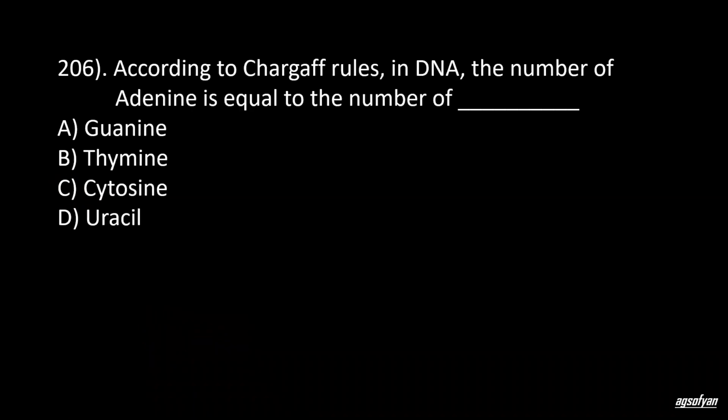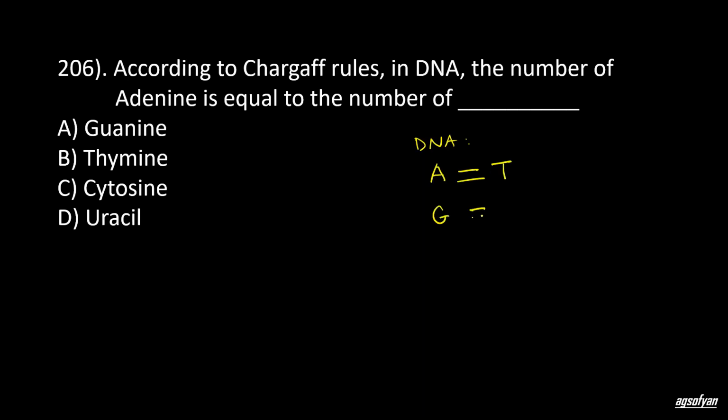According to Chargaff's rule, in DNA, the number of adenine is equal to the number of guanine, thymine, cytosine, or uracil. So this is the rule for DNA. Okay, A will always equal thymine.